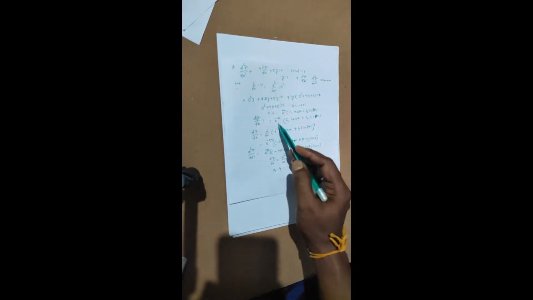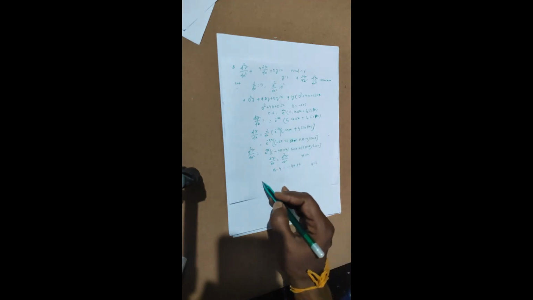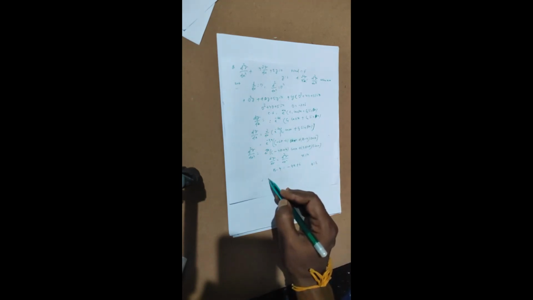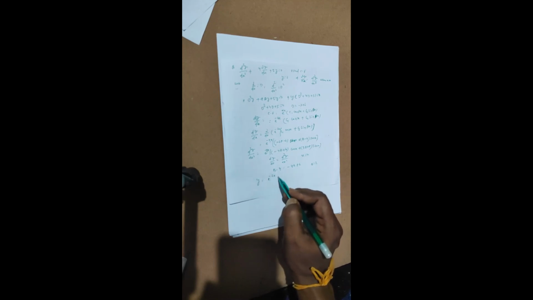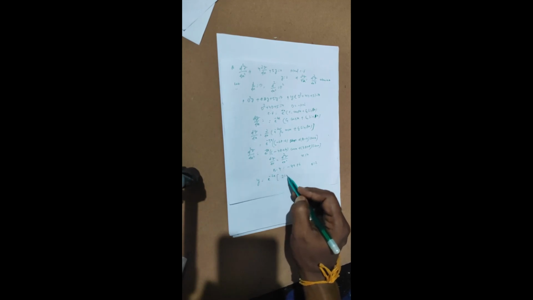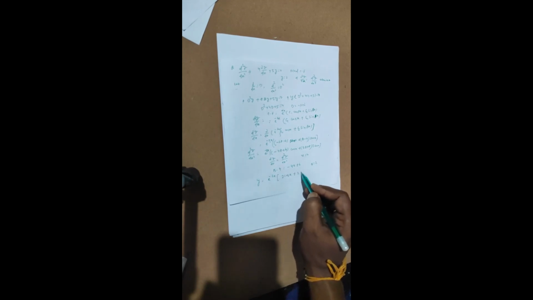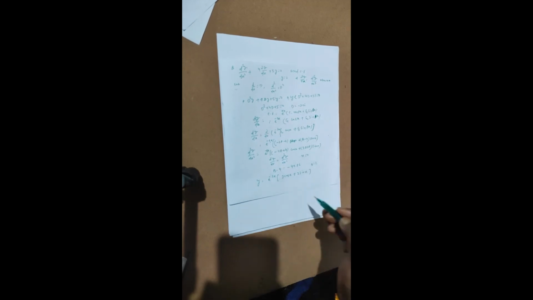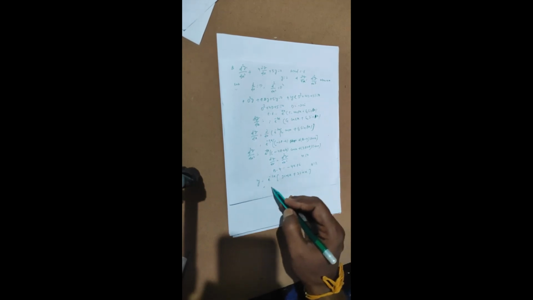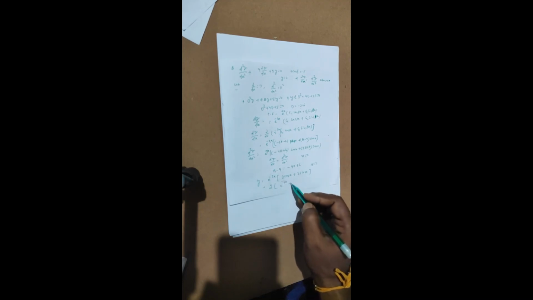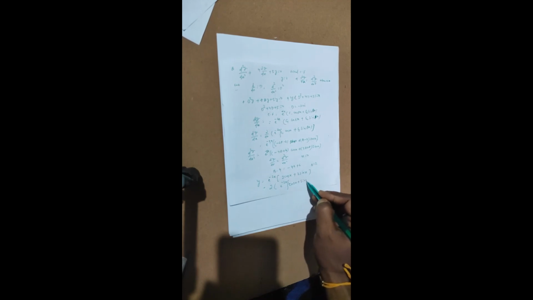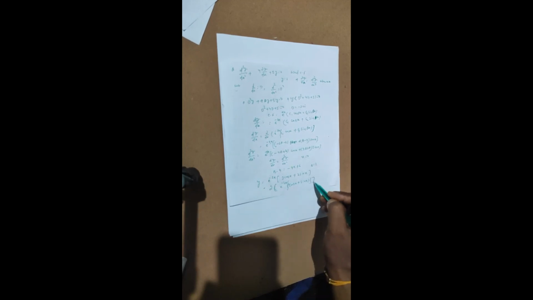We put this value into the equation. So y is equal to e to the power minus 2x (2 cos x plus 2 sin x). The 2 is common, so we can write y equal to 2 e to the power minus 2x (cos x plus sin x). We can use a square bracket. Okay, thank you.